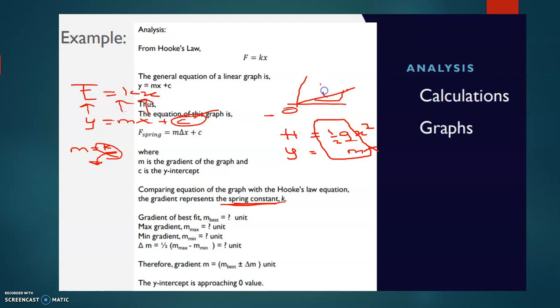The gradient m, in this case, is equal to half g. So if we want to calculate g for the experiment, g is equal to 2m. You have to find the gradient, and the gradient times 2 gives the calculated g. The calculated g here will be, for example, equal to 10 meter per second squared.